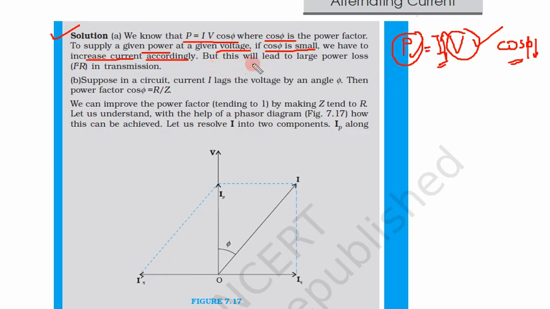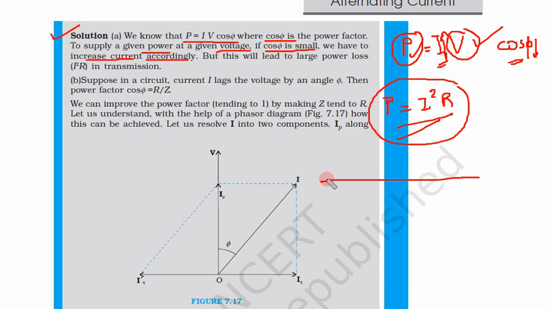But this will lead to larger power loss, because power loss is I square R. This is the power loss in case of transmission. As we have learned, these power cables have some resistance. Since these power cables are very long, their resistance is also high.